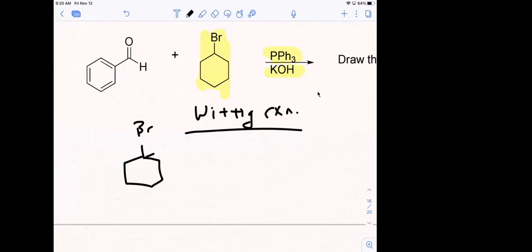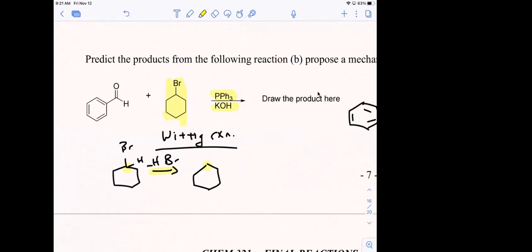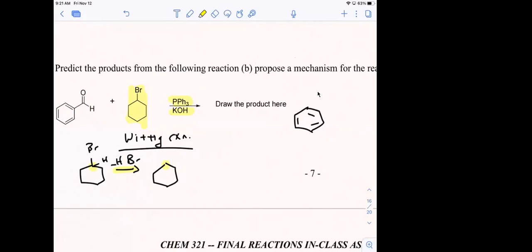And I want to subtract from this, from the carbon where the halogen is, which is that one, I want to subtract out H and bromine. So what am I left with? I'm left with this, right? Yes. So this carbon that I have highlighted is what's going to replace oxygen. Oh, and then you would attach the CH3 and the hydrogen to make the alkene. Okay. So let's do that.